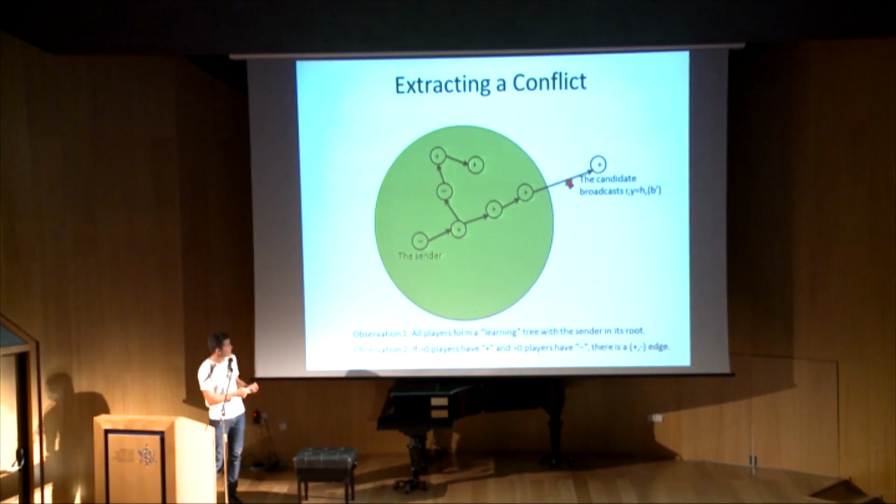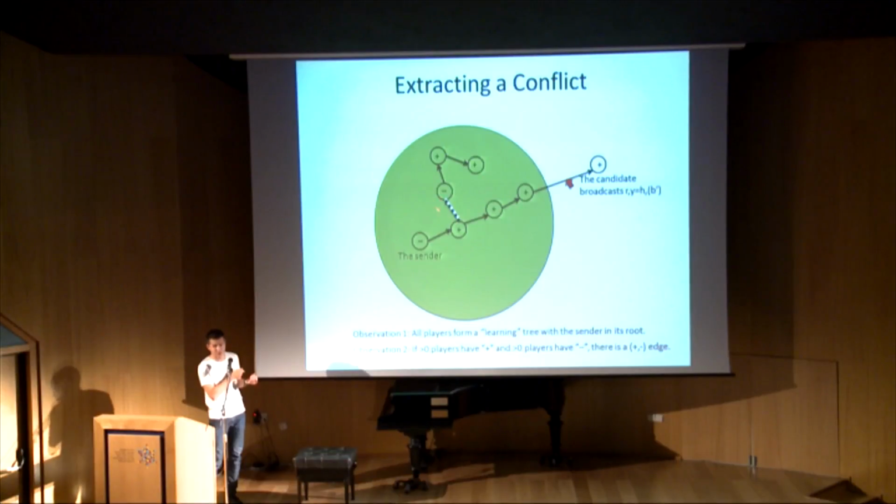So it must be the case that there are at least some guys who have pluses and at least some guys who have minuses. So now we have a tree marked with pluses and minuses. There must be a plus-minus edge. Let's say this one. And what does it mean to have a plus-minus edge? This guy learned the value from this guy.